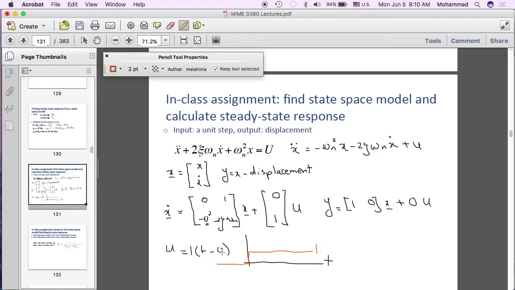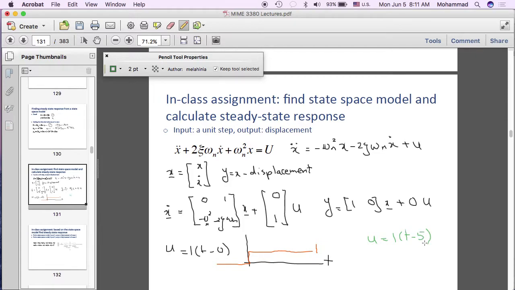And while we are at it, let me explain another possibility. What if you want to show a unit step that comes on at 5 seconds? How do you show it? A unit step that comes on at 5 seconds is shown as 1 multiplied by t minus 5.